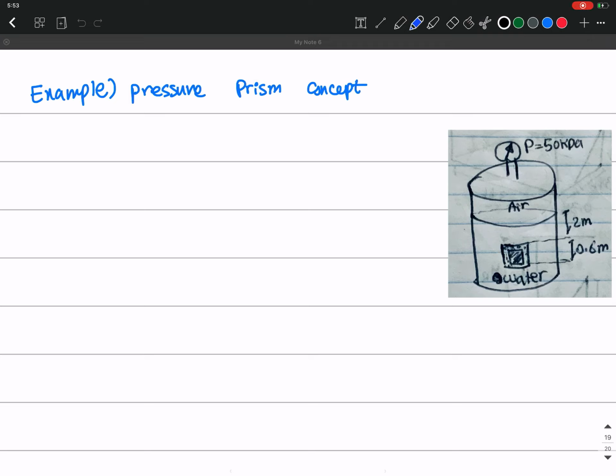Okay, so in this session, I wanna introduce the pressure prism concept to you. It's another kind of calculation for the hydrostatic forces on vertical planes that you can use.